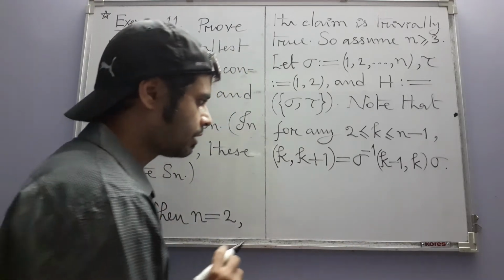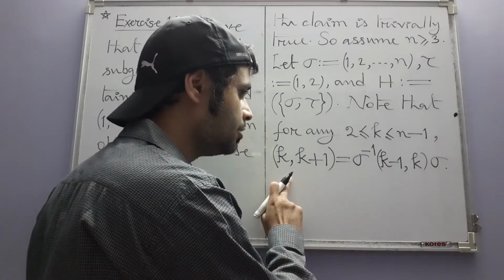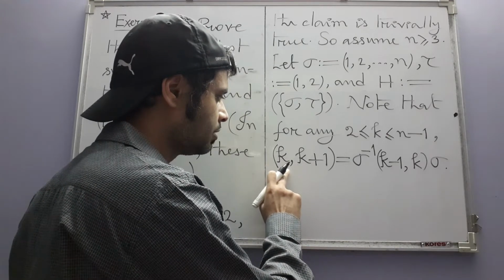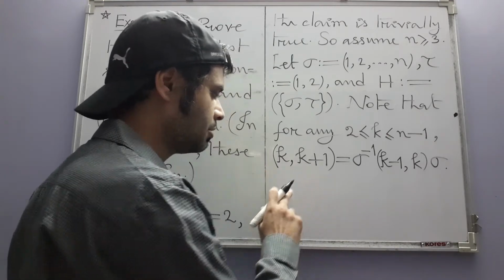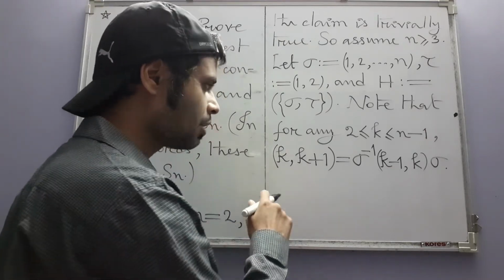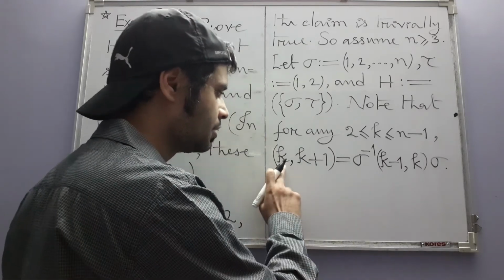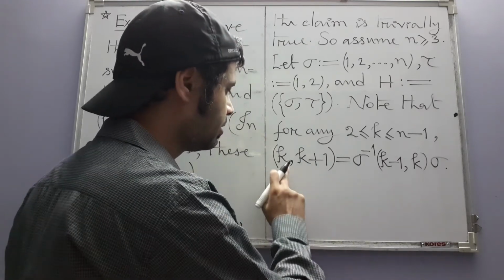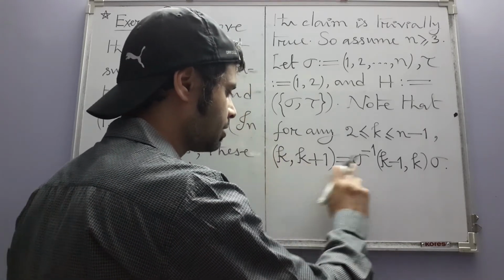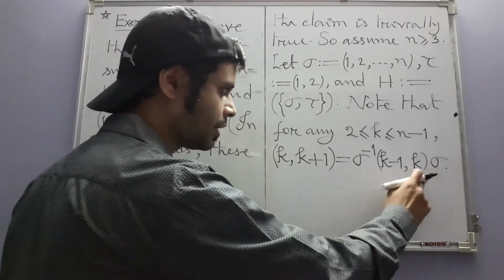Now note that this equation helps us reduce things. In what sense? It helps us reduce the sizes of these symbols, if that makes sense. I mean, how the symbols look, they look like numbers. Actually they are not numbers, but they are just some labels, but still we can reduce the labels. Here you have k plus 1. You can subtract 1 from each of these labels and have k minus 1 and k.